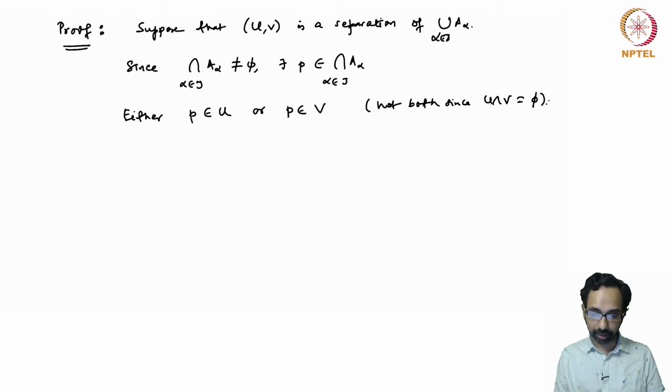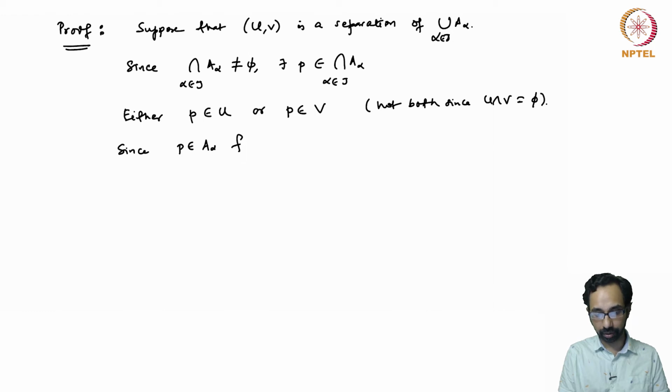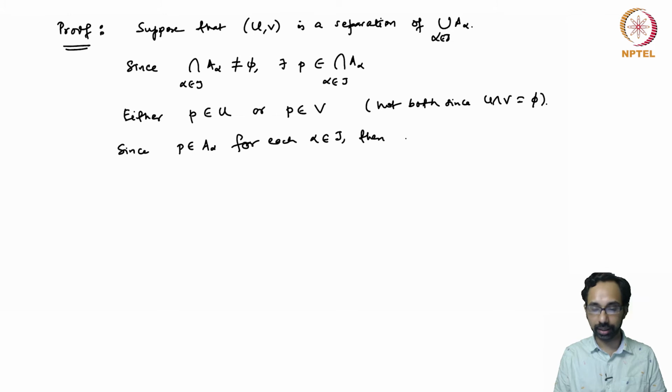Now since P belongs to A alpha for each alpha in J, we have already seen that if you have a separation for a larger space and if you have a subspace, then the subspace must lie in one of the separated sets A or B. So we are going to use this.